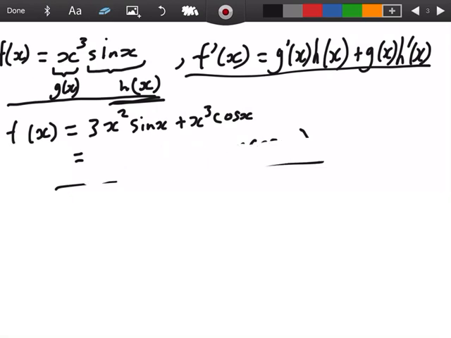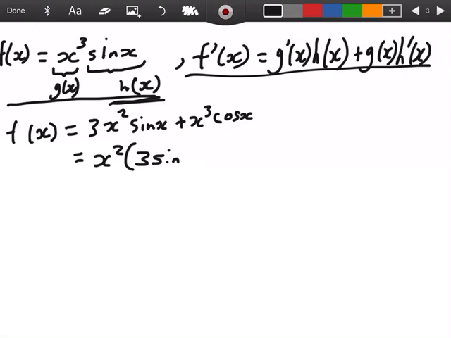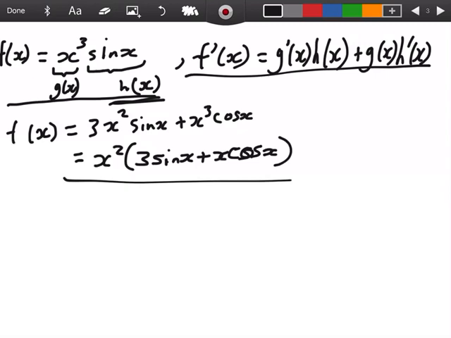So simplifying 3x squared sine x plus x cubed cos x, there's a common factor here of x squared, so I'll put that outside brackets. x squared (3 sine x plus x cos x). And there we go. We have derived a more complicated function using the product rule.